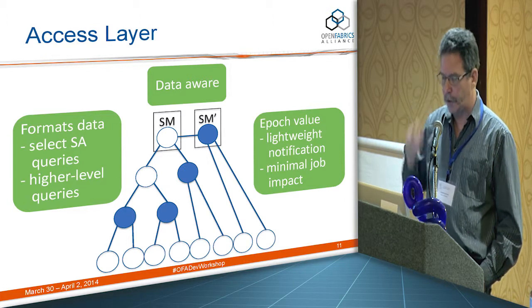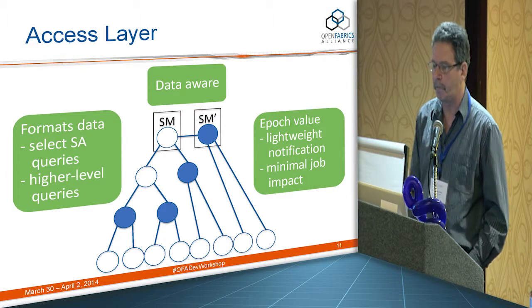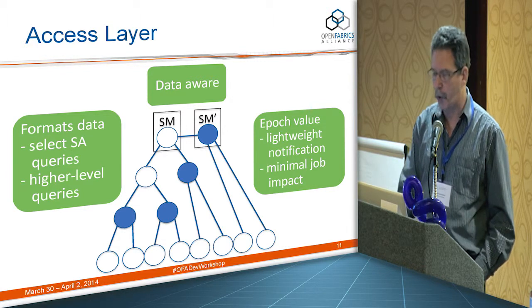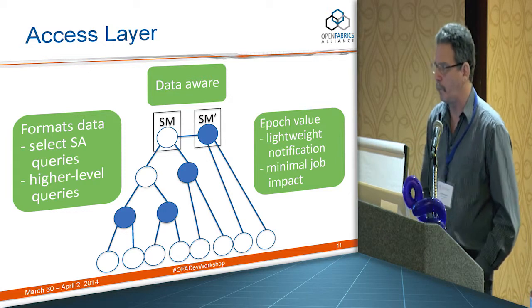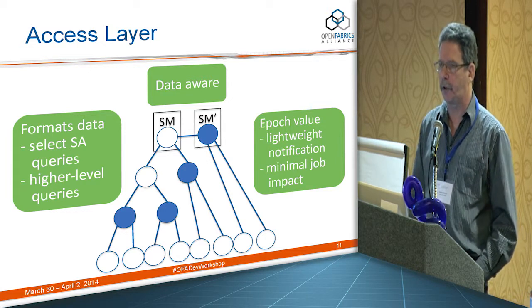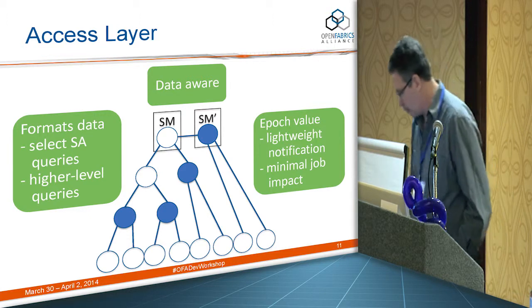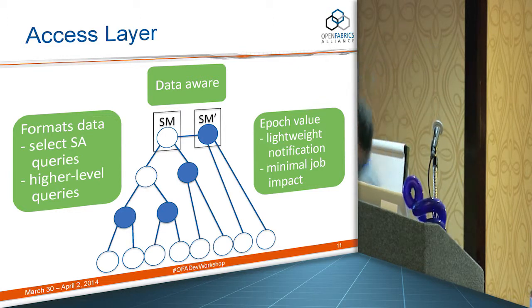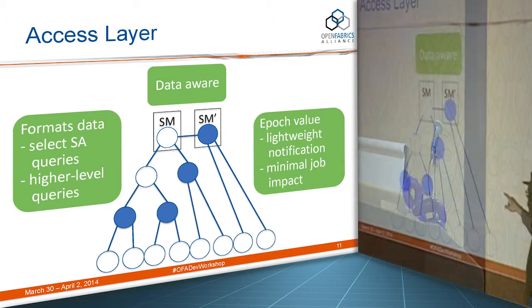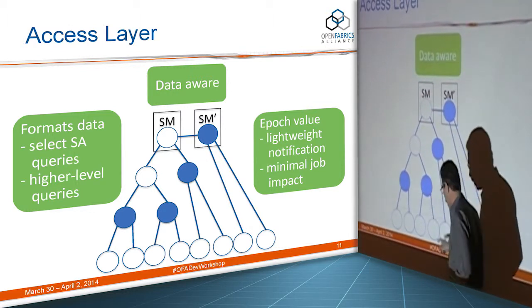So the access layer is another layer. This layer has a lot of compute requirements because it takes the SMDB and converts it into what we call the PRDB. The blue dots are showing access layers, and this access layer happens to be connected to the core layer.